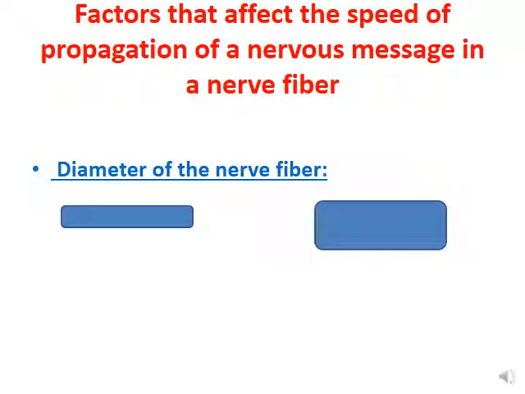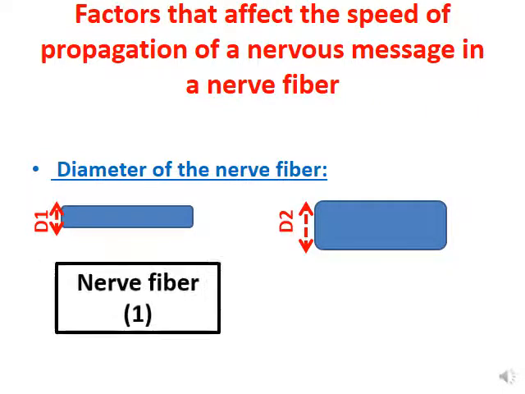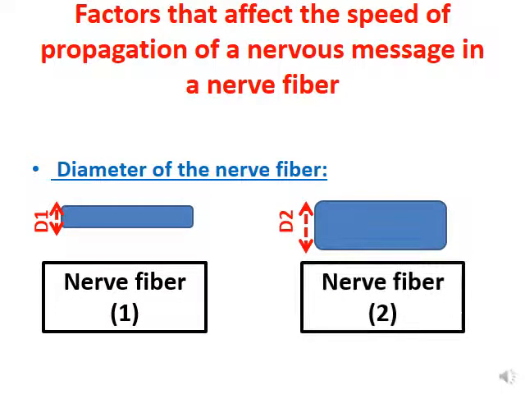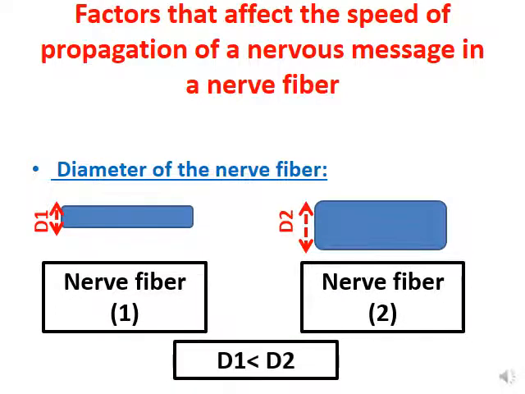Factors that affect the speed of propagation of the nervous message inside the nerve fiber: first, the diameter of the nerve fiber. As the diameter increases, the speed of propagation of the nervous message increases.